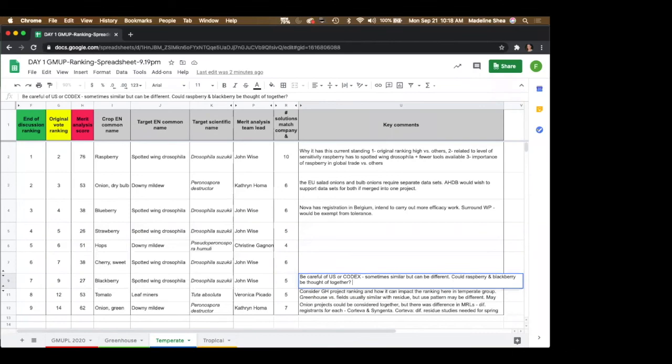I also agree with Carmen that Blackberry and Raspberry could be considered under one project because there's a lot of possibility of extrapolation between the 2 crops. Is that clearer? Yes, thank you.